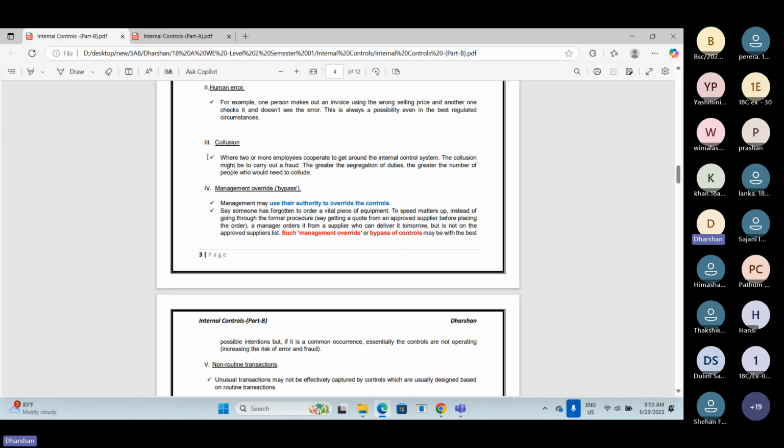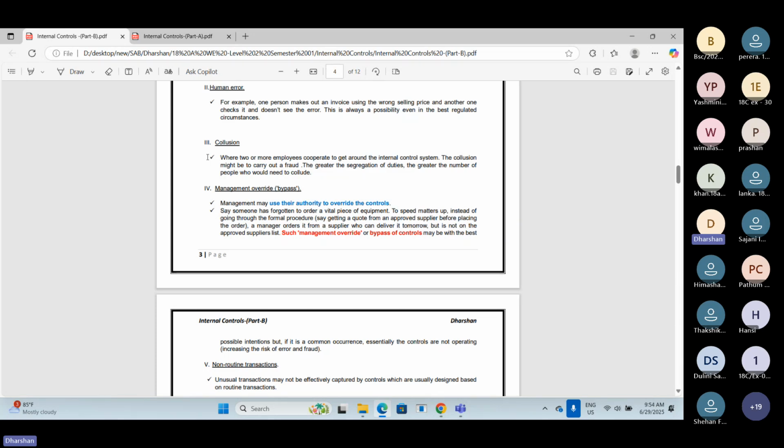After involving five staff in the payment process, we can believe to some extent that these five staff will not make any mistakes or any fraudulent activity in this process.